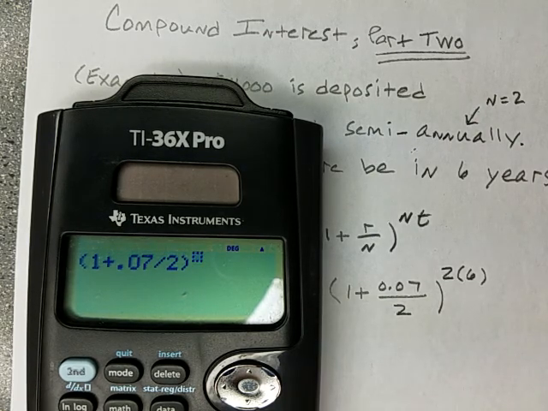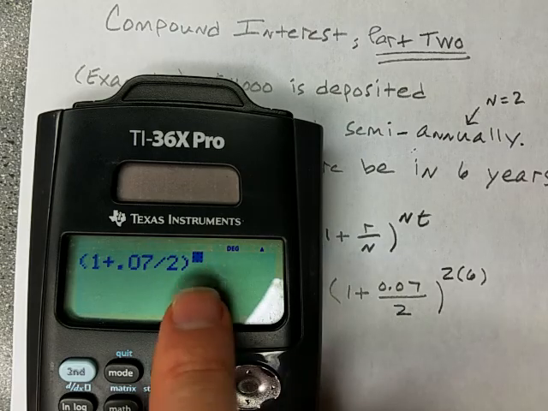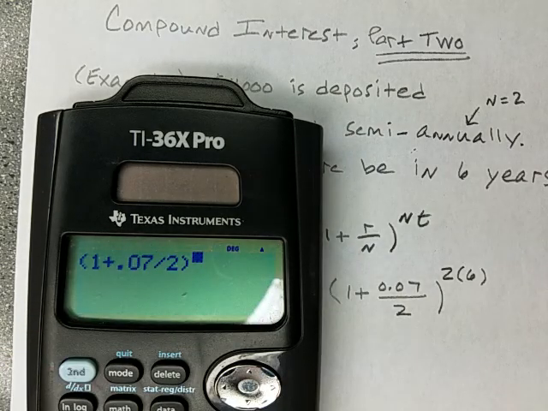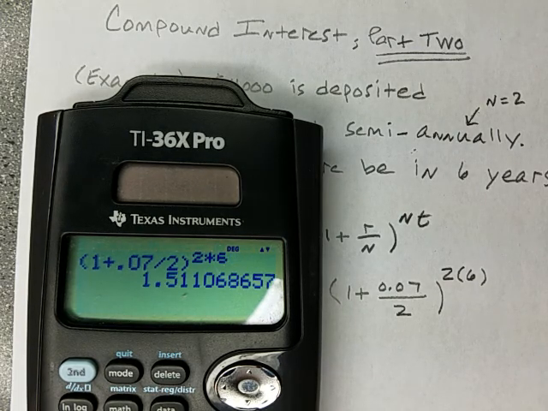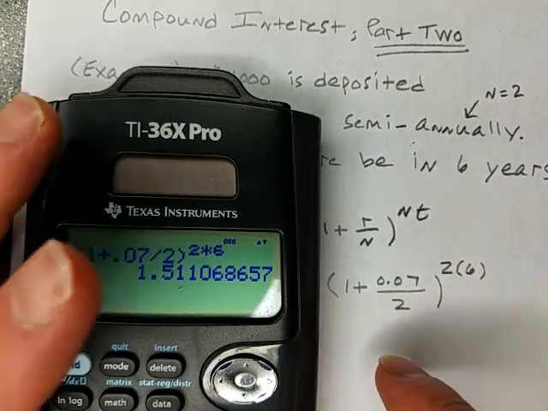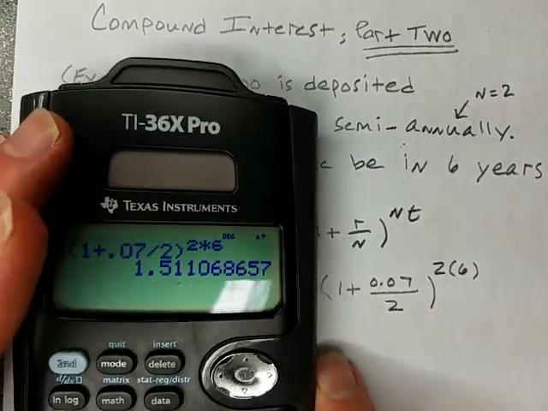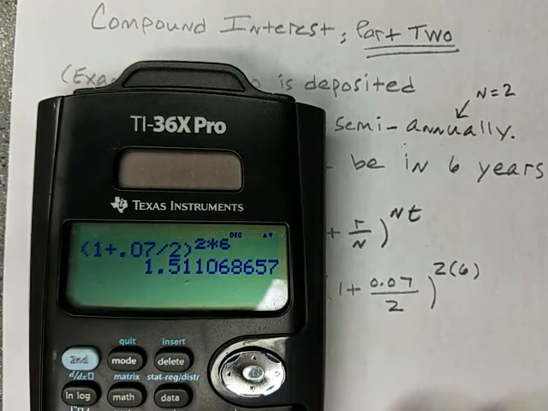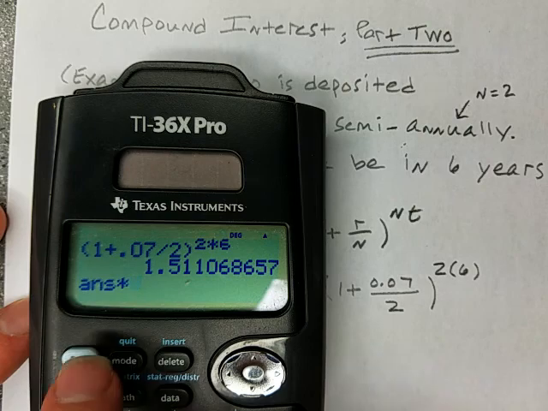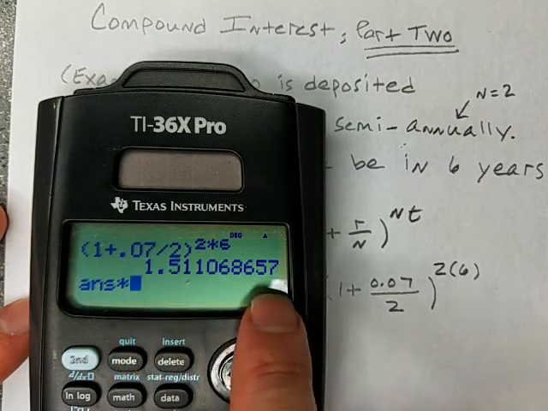And then I raise to a power, and in my case, it writes the power as a superscript on my screen, and that's going to be 2 times 6, right? Okay, so I get like so. That's this number. Now, I need to take this number and I need to multiply it by 4,000. On most calculators, if you just hit times, it assumes you want to multiply that number that you just had.